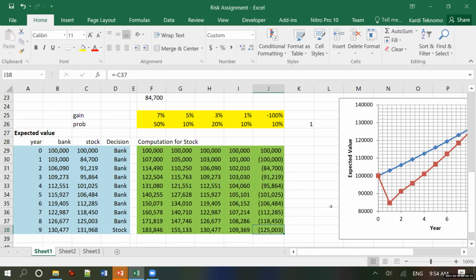But again, the probability of minus 125,000 is 10%, while you have 50% of earning 183. Make sense? That's the nature of probability. Even if you lose, that losing is only a certain percentage.